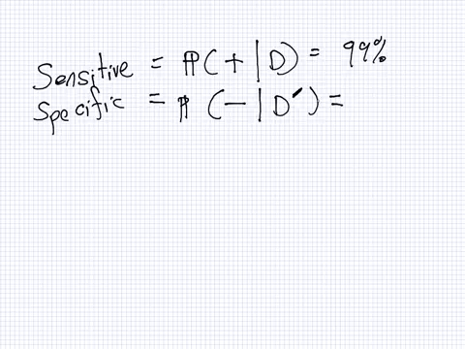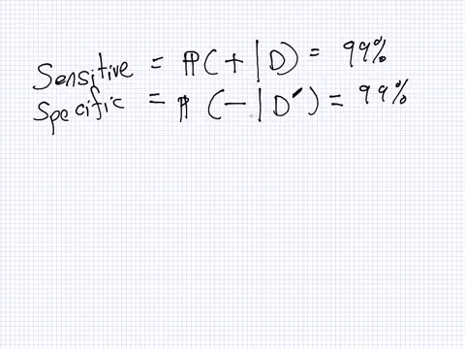So what number would you like for this, for it to be a good test? Do you want this to be big or small? Maybe again 99%. So if you don't have the disease, 99% of the time it will say you don't have the disease. So these seem like good tests.